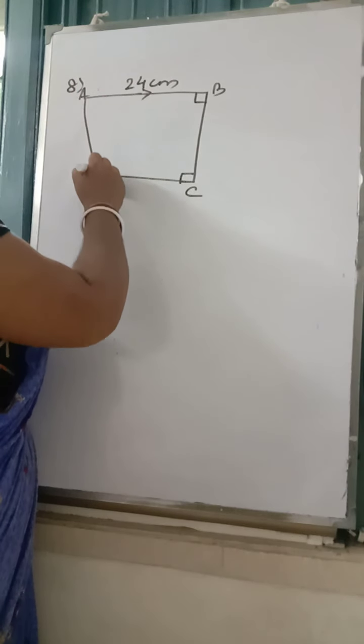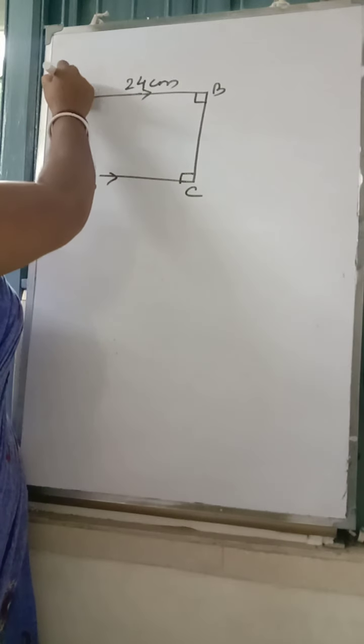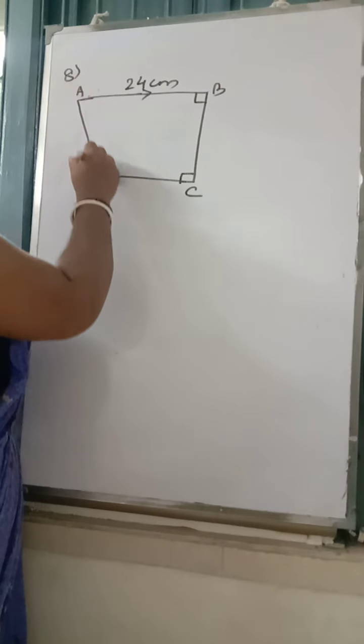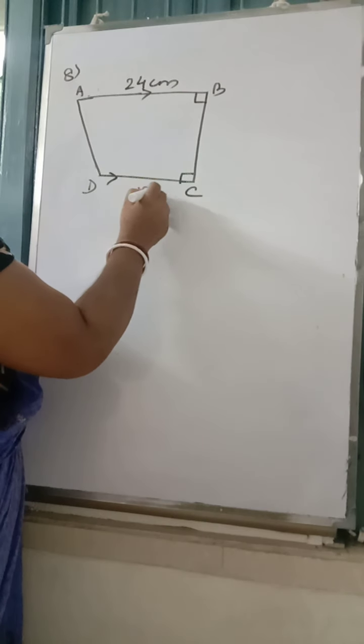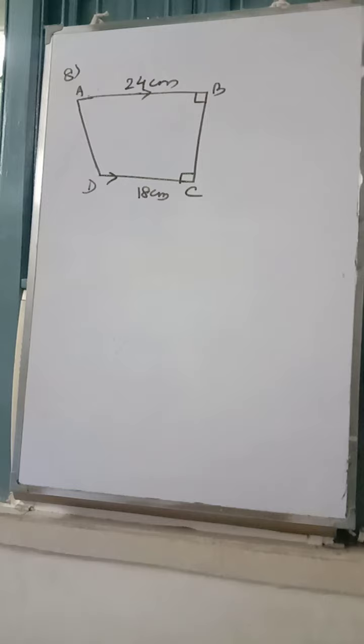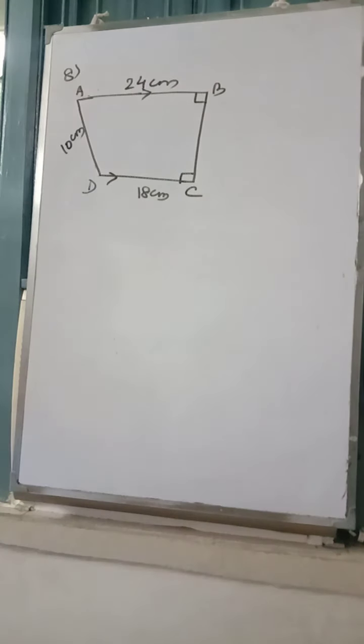Now the length of CD is less than AB, so I have rubbed it. This is given 18 centimeter and this is given 24 centimeter. Okay, and the length of AD is given 10 centimeter. Okay, this is the figure.